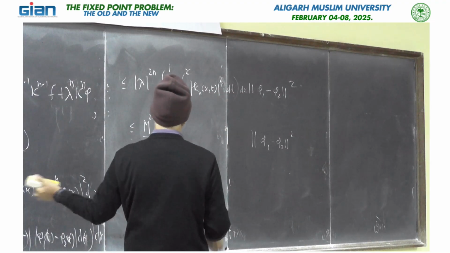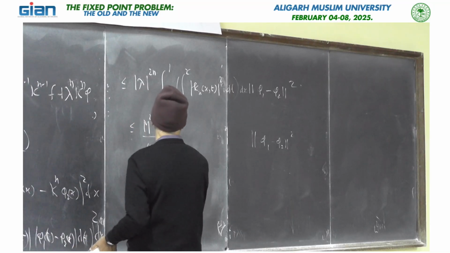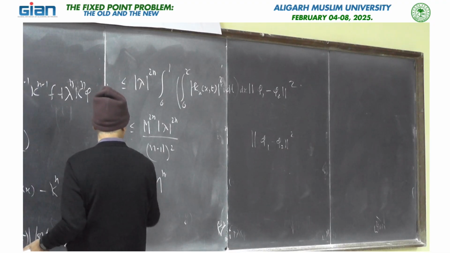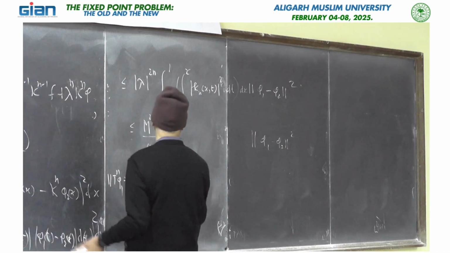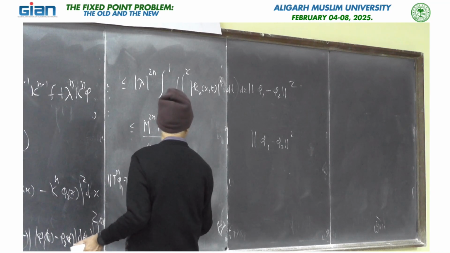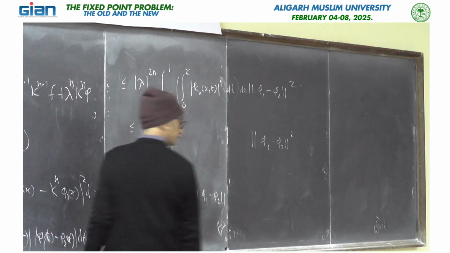And so now, taking the square root, you will have this M^n. So our norm of T^n phi_1 minus T^n phi_2 is less than or equal to, taking the square root, then you will have this (M|lambda|)^n over (n minus 1) factorial times the norm of phi_1 minus phi_2.